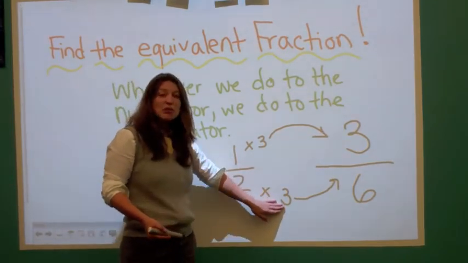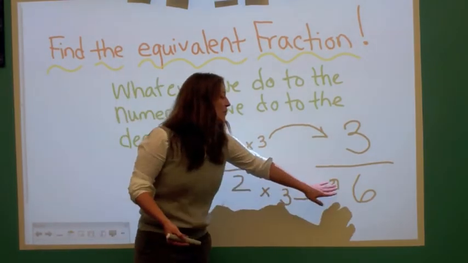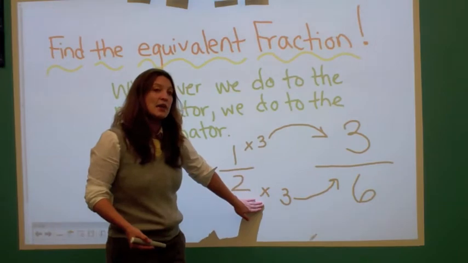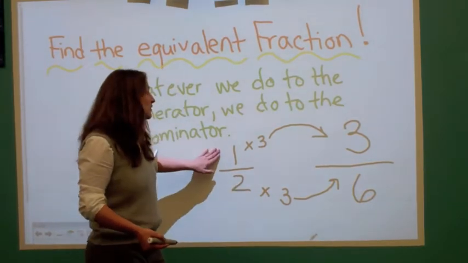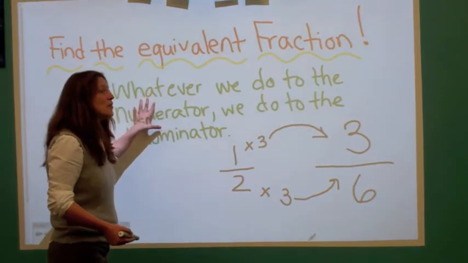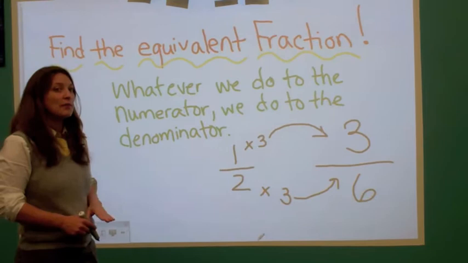And in this case, I multiplied it by 3. So 2 times 3 gave me 6. And since I multiplied the denominator by 3, I had to multiply the numerator by 3. So it's important to remember that rule whenever you're finding an equivalent fraction.